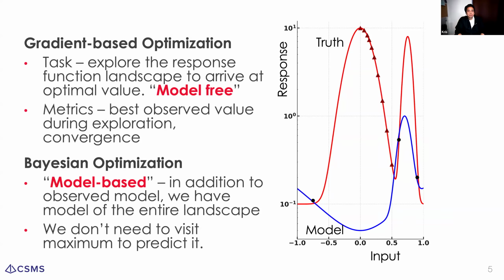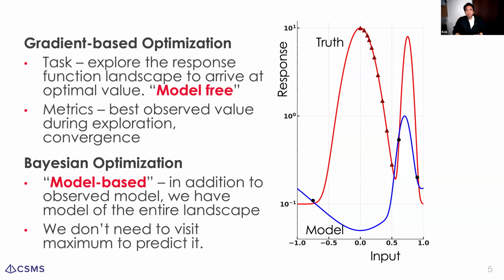And this is model free because the only information about our response function that we keep around is what we know locally when we evaluate that function at these points. When you're making a decision of what experiment to do next, all you care about is the slope of this function and where that slope is pointing upwards. And you just go in that direction.